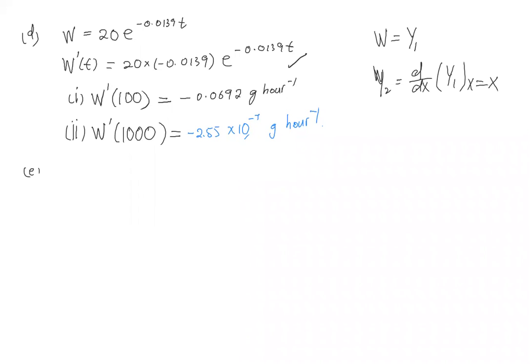Can we go to part E? Okay, show that. They want you to show that dW over dt is BW. So this one, if you want to show that, then we will just let it be K, okay? So you differentiate this.